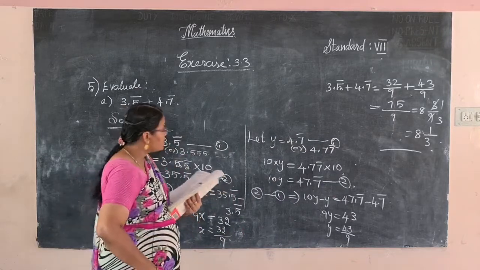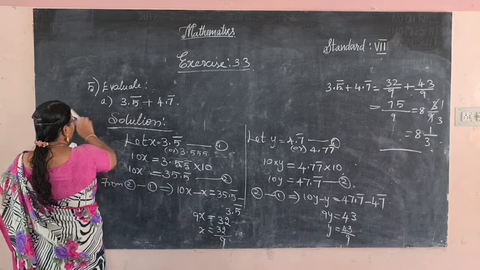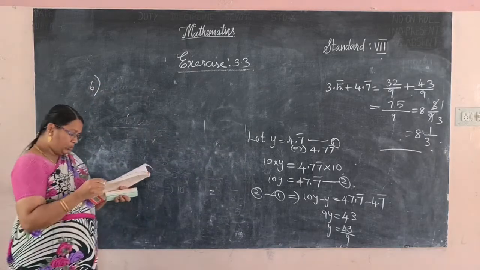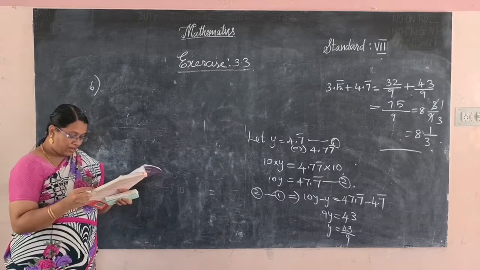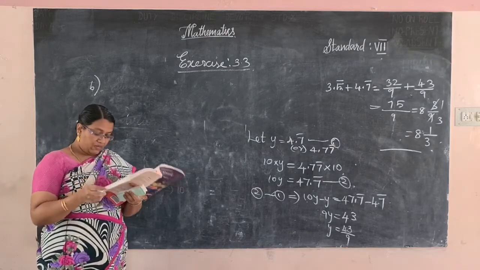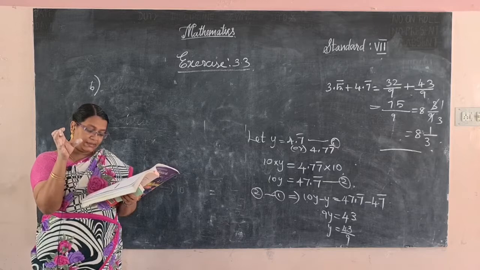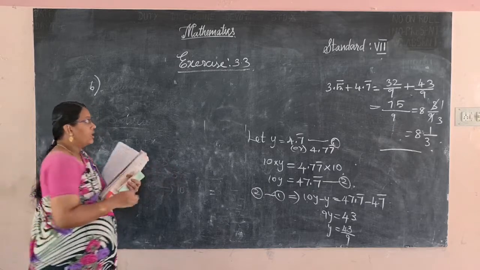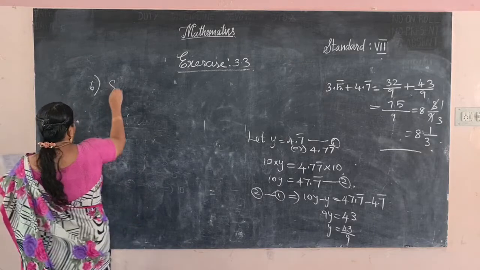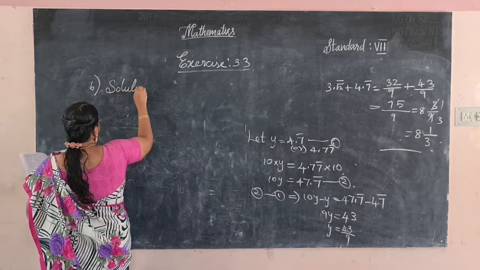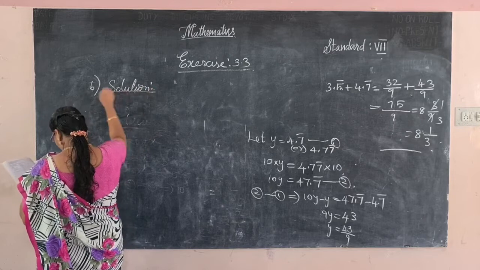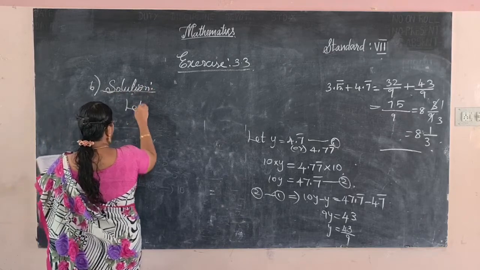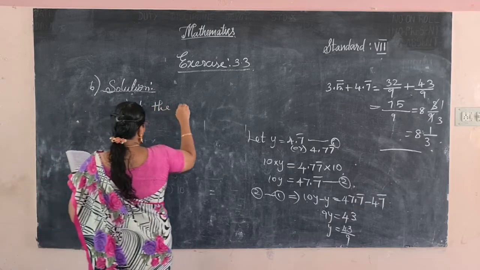Now move to the sixth one. What should be added to 1 by 3 plus 1 by 4 plus 1 by 5 to get 4? Which number should be added to these numbers to get the value 4? We have to find that number. The solution: let the number be x.